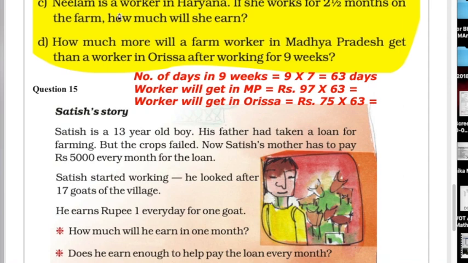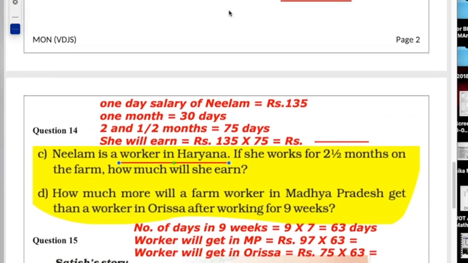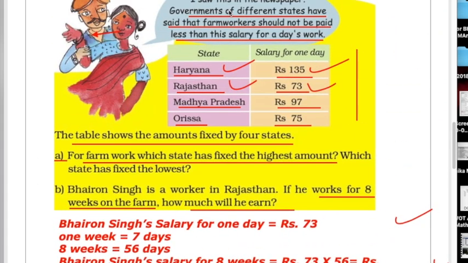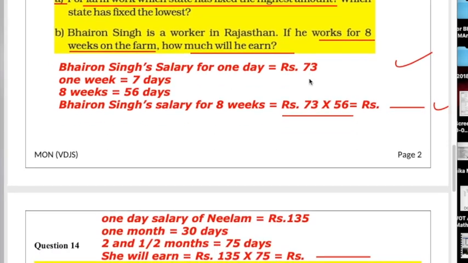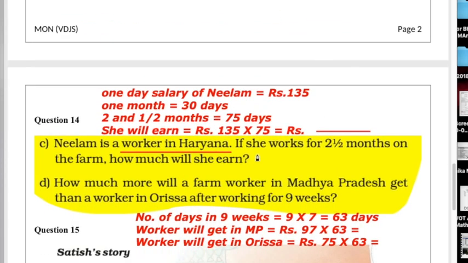Now the C part. Neelam is a worker in Haryana. As we know from the table, the salary for a worker in Haryana for one day is rupees 135. If she works for 2.5 months on the farm, how much will she earn? One month is 30 days.